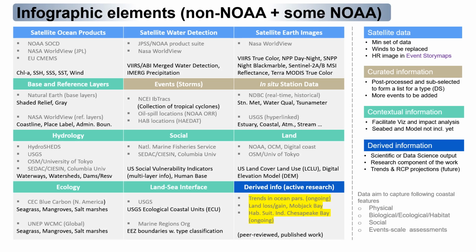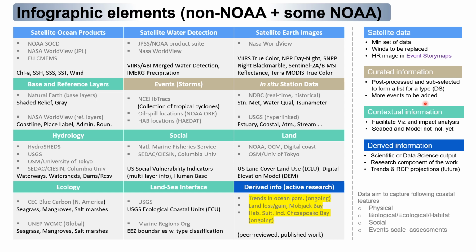Moving on to the infographic elements, that is the type of information needed, including satellite and non-satellite sources. We talked about this last year, so I want to repeat briefly the main headers and colors. In light blue, we have satellite ocean products. Non-satellite data fall into two distinct groups, curated in light brown and contextual in light green.